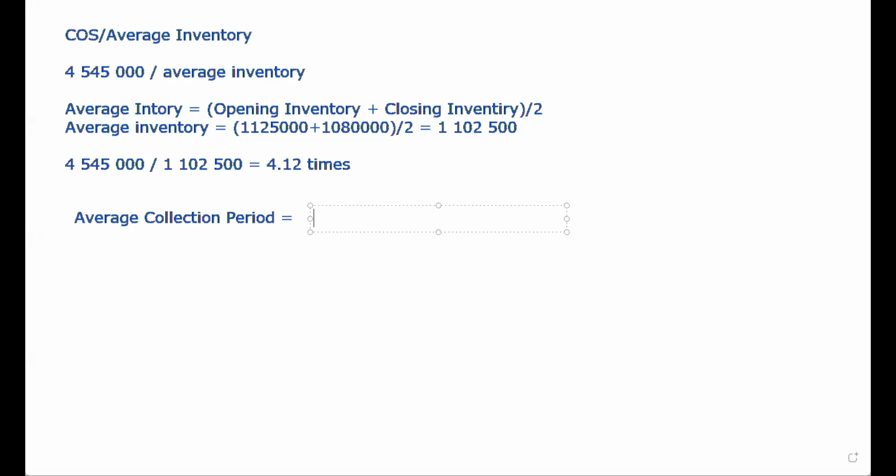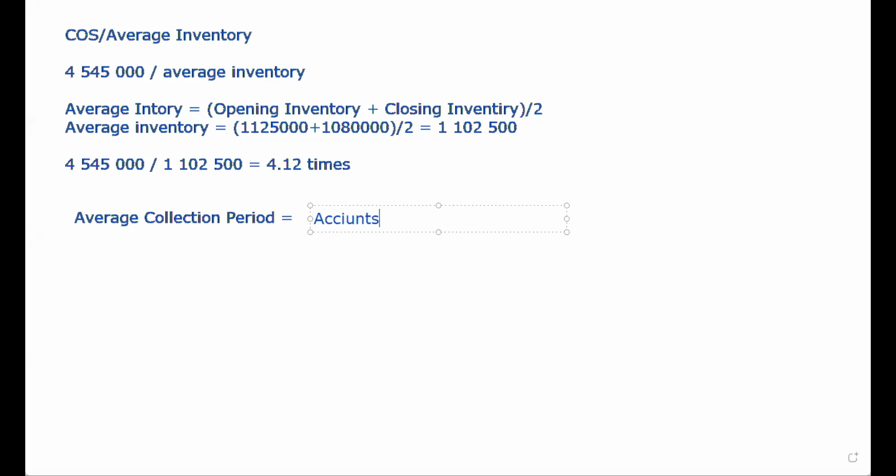average receivables, but it's not average, so it's accounts receivables. Sorry about that.